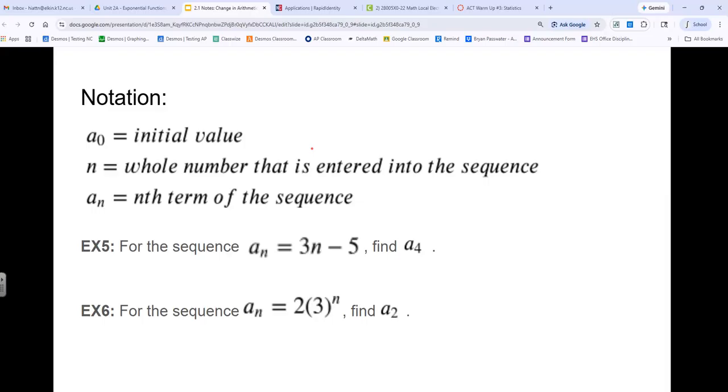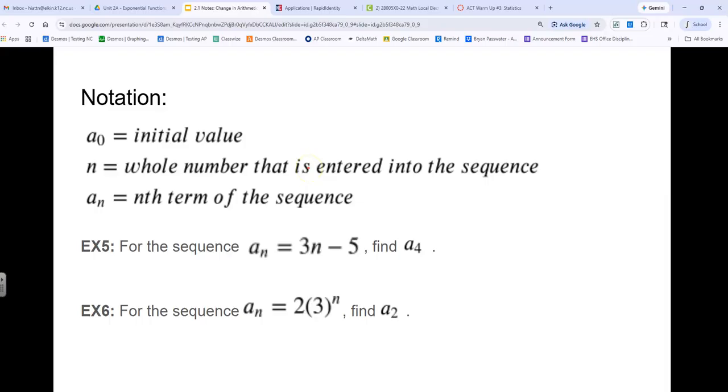And when you're dealing with a sequence, typically they will use n's as the variable instead of x's. And so if you have a term, it is called the a sub n term. It's the output whenever you plug in n. A sub 0 is the initial value because it's the output you get when you plug in 0, which is the first number that you can plug in for a sequence. N is the number that is entered into the sequence.